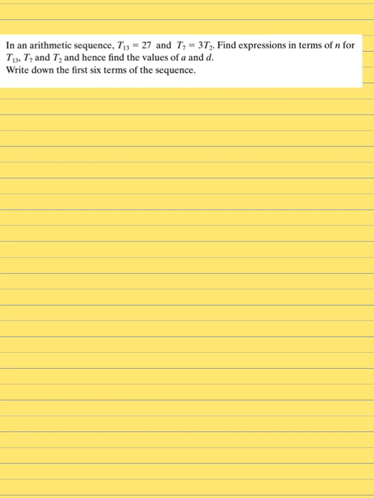Continuing on with this question, we want to find now the values of a and d. We found a moment ago that t13 is a plus 12d, and we also know that t13 is equal to 27. So this means that a plus 12d is equal to 27. We found expressions for t2 and t7 already, and we also know that t7 is equal to 3 times t2.